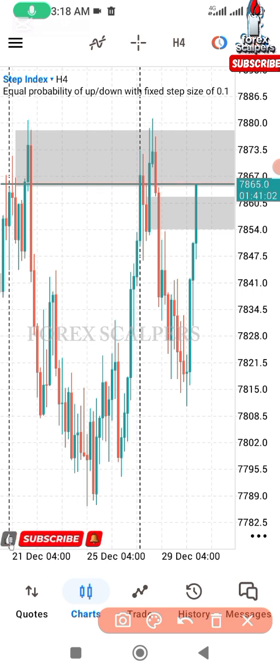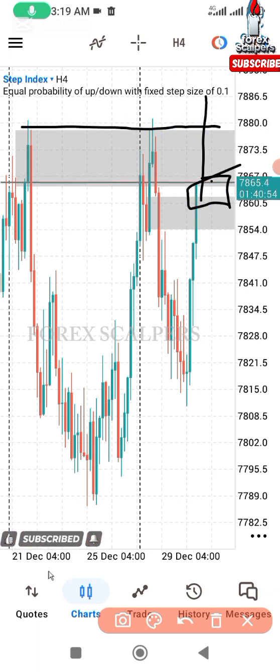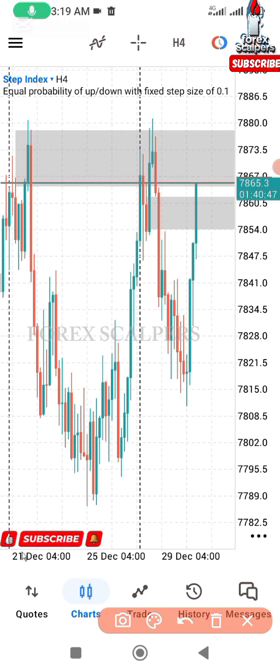And if it went up there and then returned with a wick like this, it becomes what? It becomes a liquidity sweep, which means we'll still be looking for an opportunity to sell. But if it closes above this and remains there, it means it's a break of structure. I'll be looking for a buying opportunity.